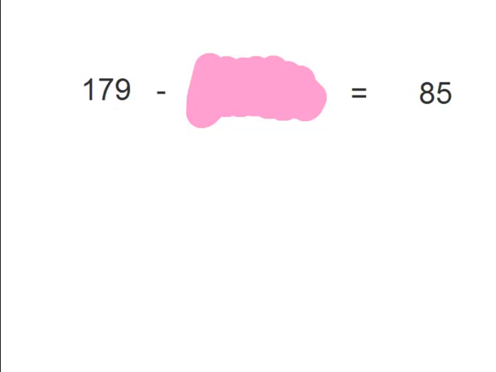Alright, last problem. 179 minus something equals 85. So again, let's first start off through subtracting the 179 from the 85. Now, we can round up the 179 to 180, and that makes it simpler. So we have to add a 1 to that, and a 1 to the 85.